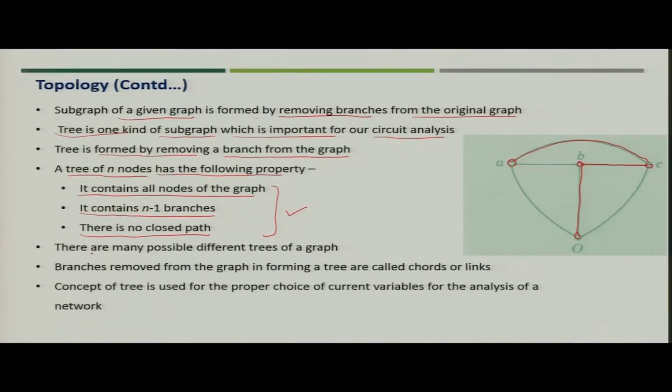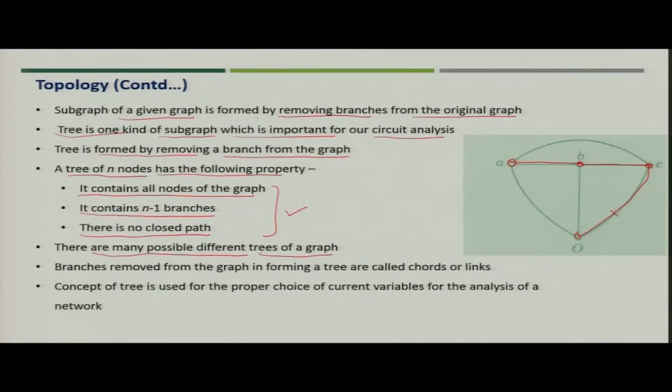So, there may be many possible different trees of a graph. If you connect from O to C, C to B and B to A, then you will again find a tree.